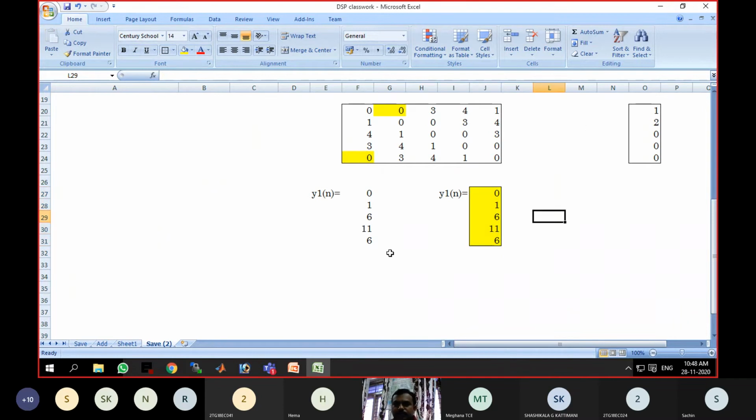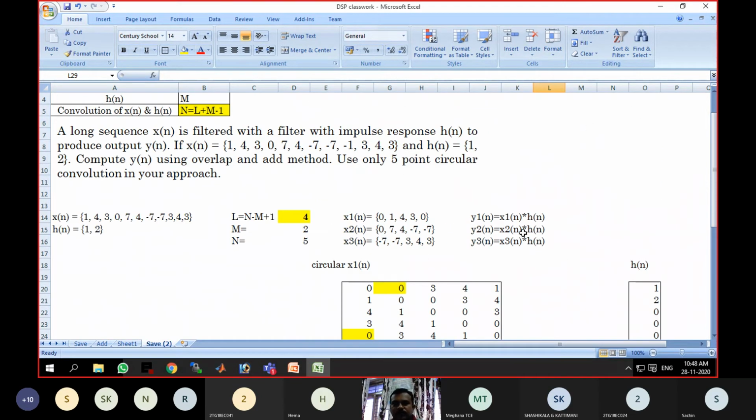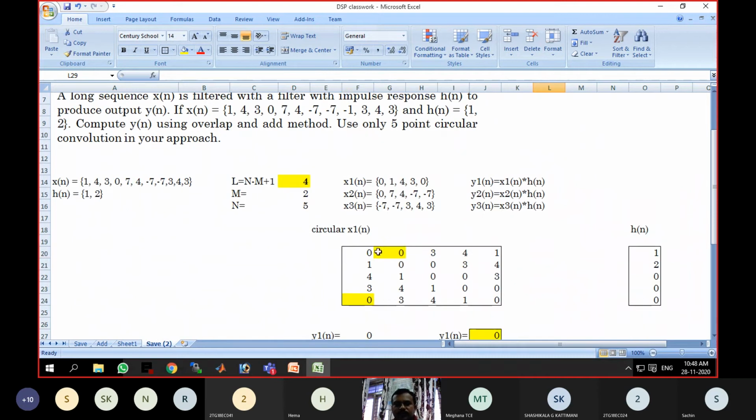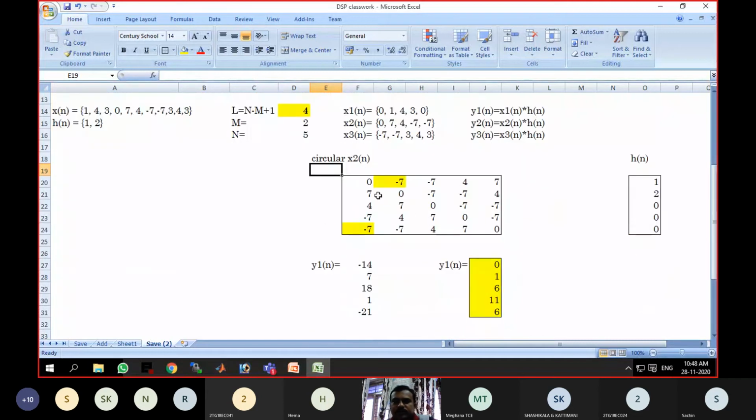Next, we go for y2 of n. So how to calculate y2 of n? It is x2 of n. So keep x2 of n as a column. So it is 0, then 7, then 4, then -7, then -7. So I have created the matrix of x2 of n. This is the 5 cross 5 matrix.